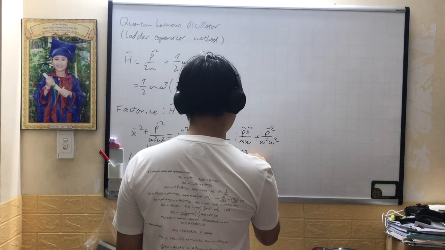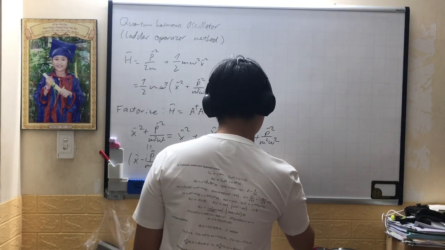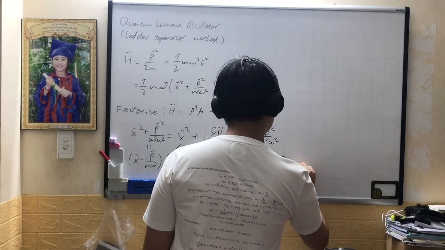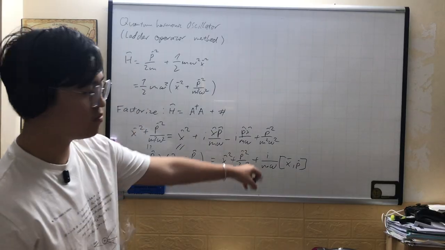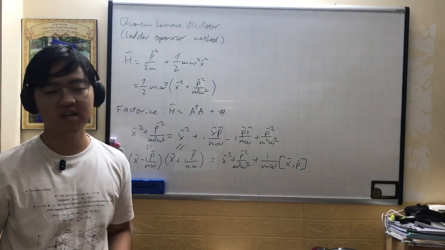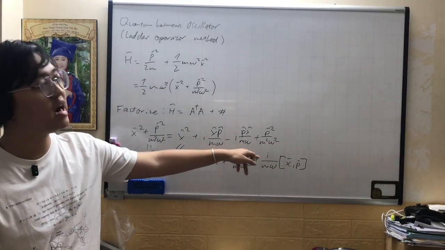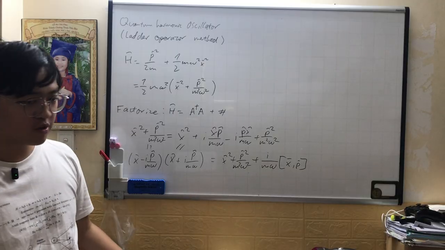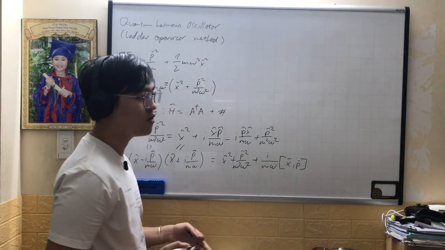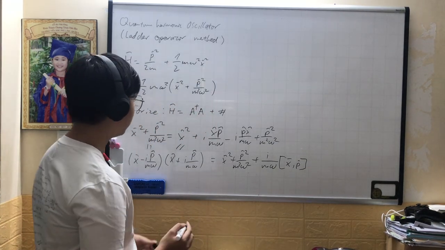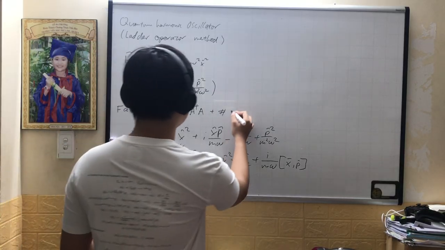So now you rewrite it like this, plus an i over m omega times the commutator of x and p. And remember, the commutator of x and p is equal to i h bar. That i h bar, i times i, would create a minus. So what you get here, after all, is a minus h bar over m omega. So you put it back here, and it would look something like this.